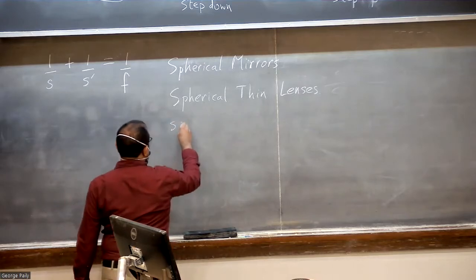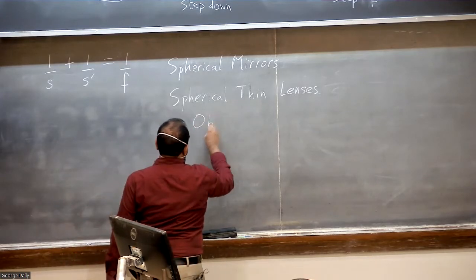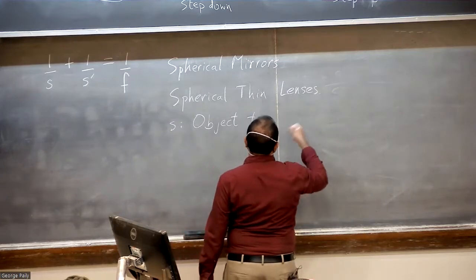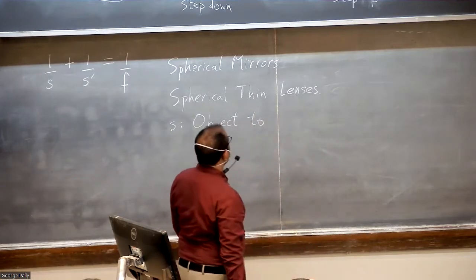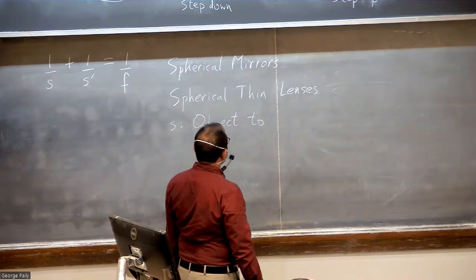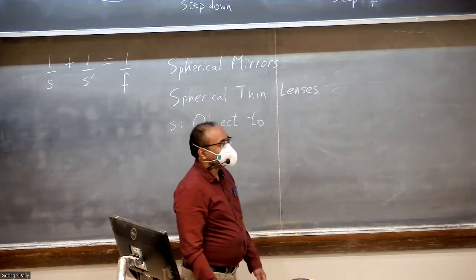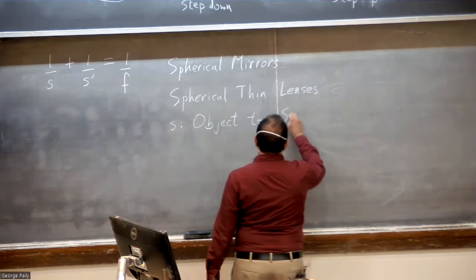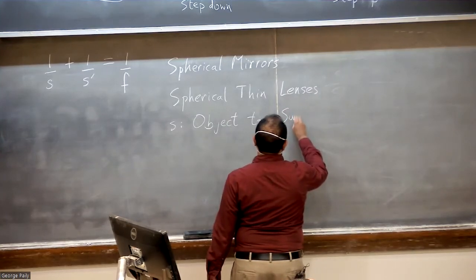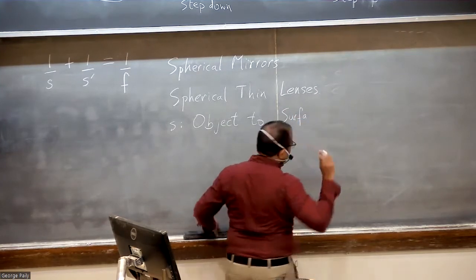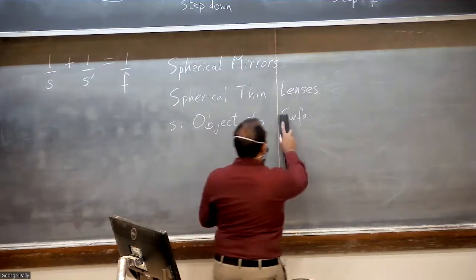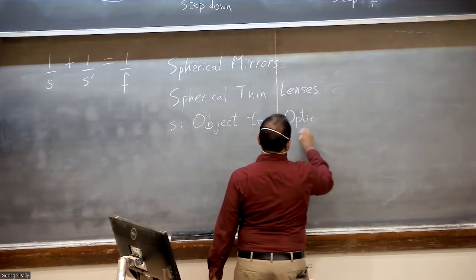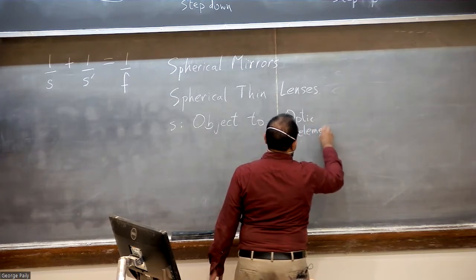S here is the object to, let's see, I need a word to denote both mirrors and lenses. Surface. Yeah, sure, okay. No, sorry, overruled you. Let's just say optic element, which is a little bit of a mouthful, but there we go.